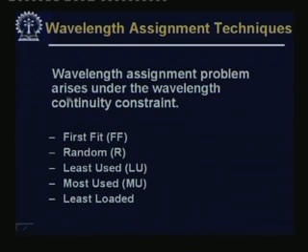The wavelength assignment problem arises under the wavelength continuity constraint, that means the wavelength has to be continuously available in all the links down the line, and there are various algorithms for this. One of the most commonly used is first fit. Say you have decided on the path by some means, that is the routing part.